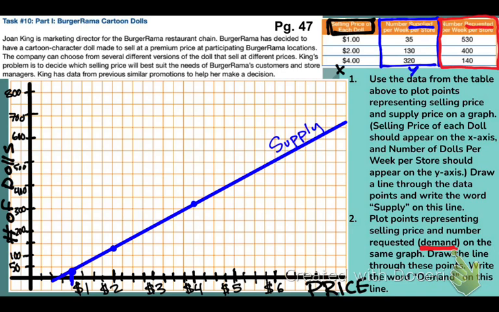The demand is what the customer is buying, what they want to buy. And for demand, would you rather buy something that's cheaper or more expensive? Cheaper. So as the price goes down, the demand for it goes up because people are more likely to buy it.